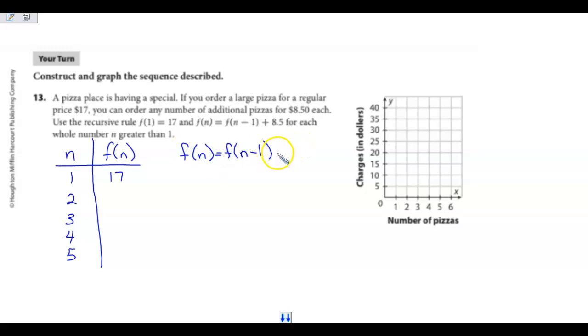And so this is our recursive rule. This is for our second term, sorry. So 2 minus 1 is 1. And so we know that our first term was 17. So we have 17 plus $8.50. And when I add that, I get $25.50.